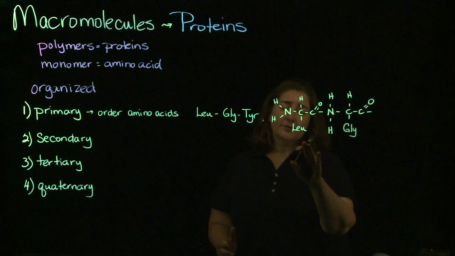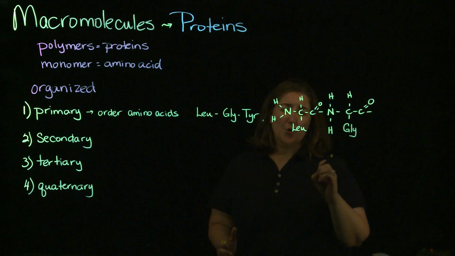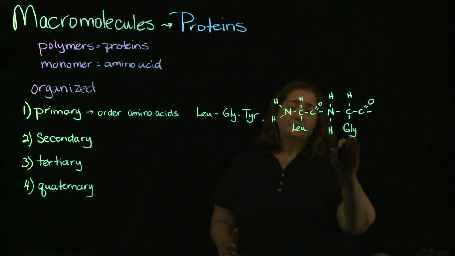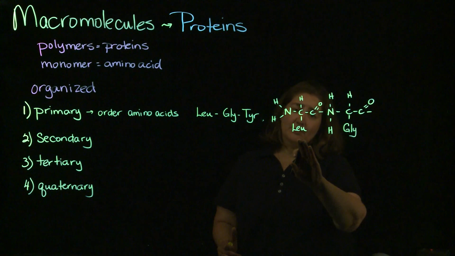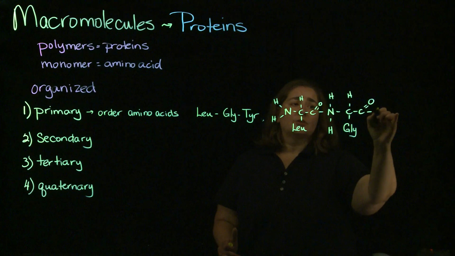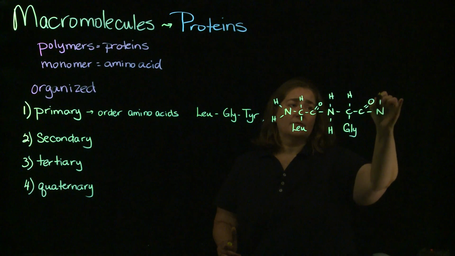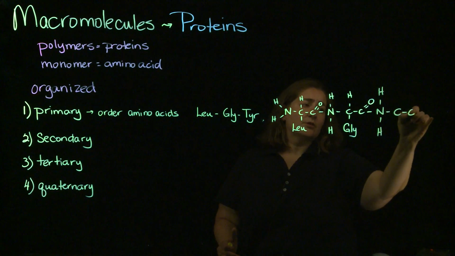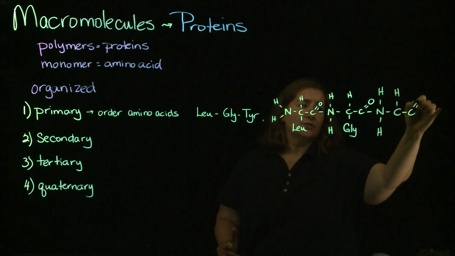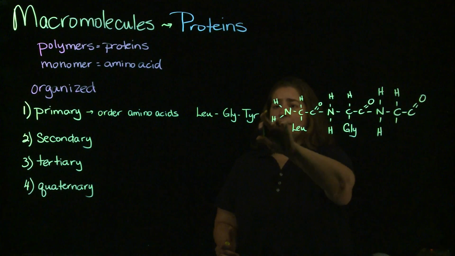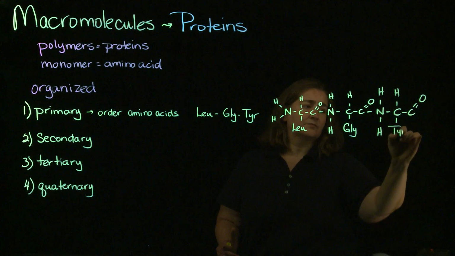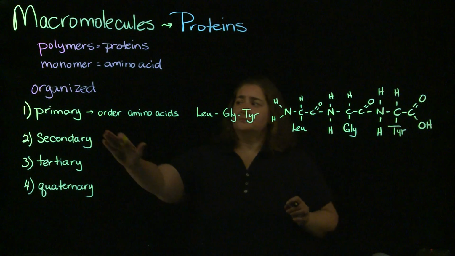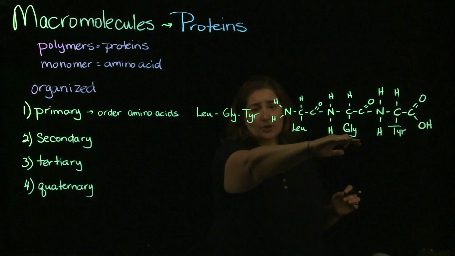Again, I'm not drawing the functional groups because I don't care if you know the actual chemical structure of the functional groups. I'm just using some of these as examples to show you how this is going to work. Then we'd have another nitrogen and an amino group, another carbon, hydrogen, and this last one I gave was tyrosine. Okay, so that would be how our primary structure is.